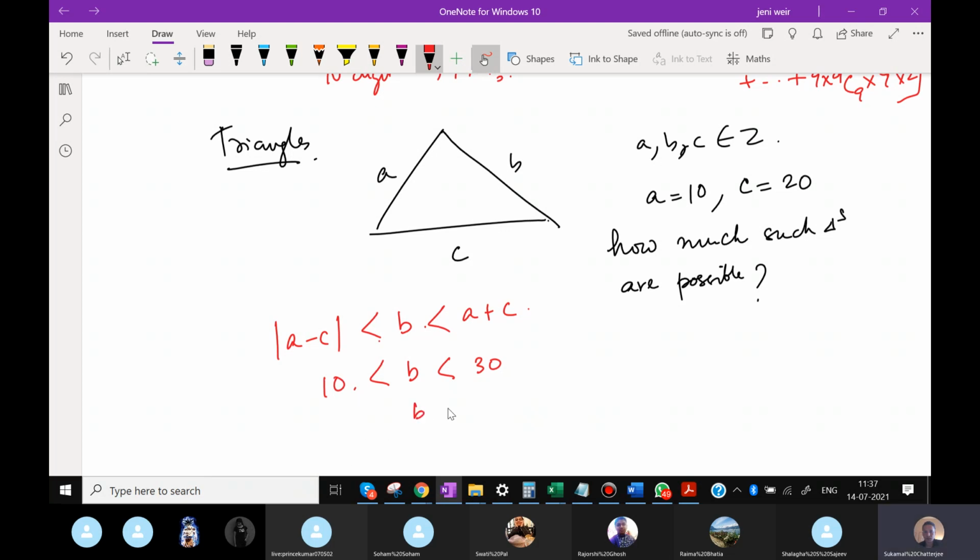So which means B has to lie between 11 and 29. So the number of triangles that are possible are 29 minus 11 plus 1, which is 30 minus 11, or 19.